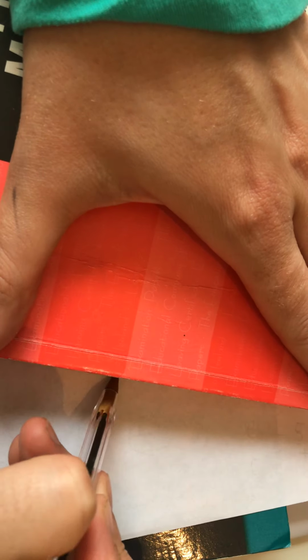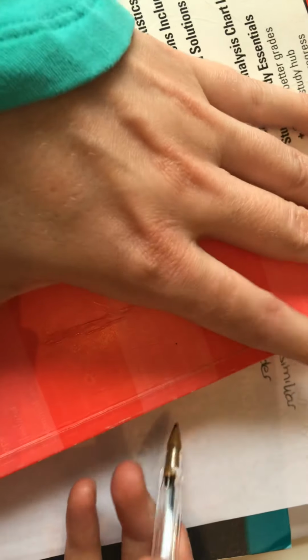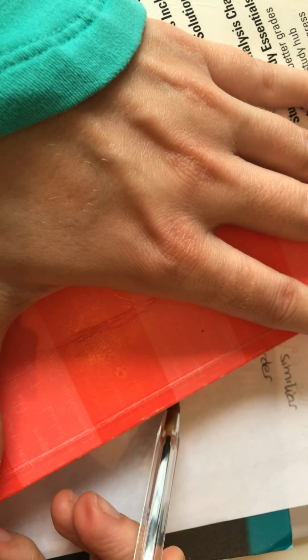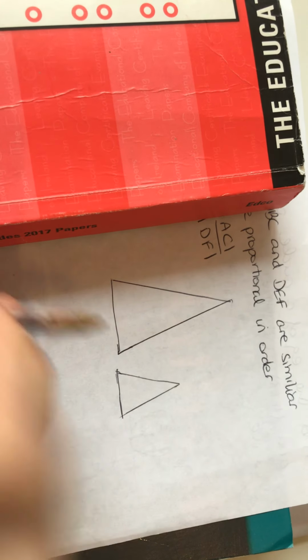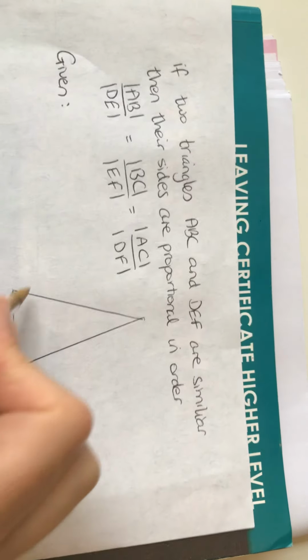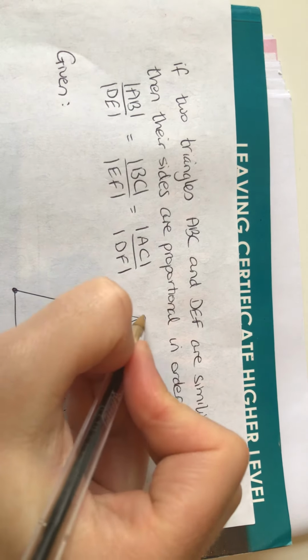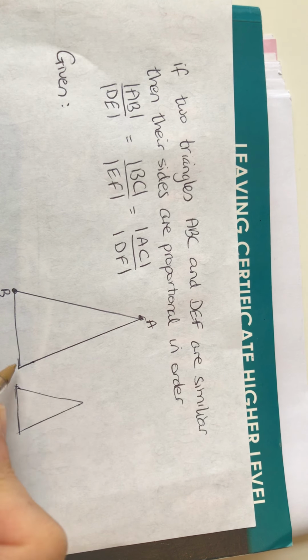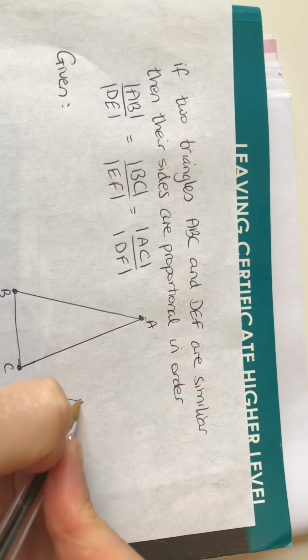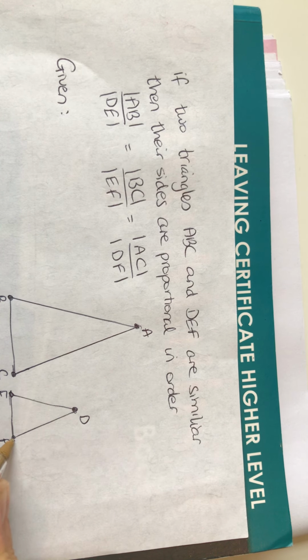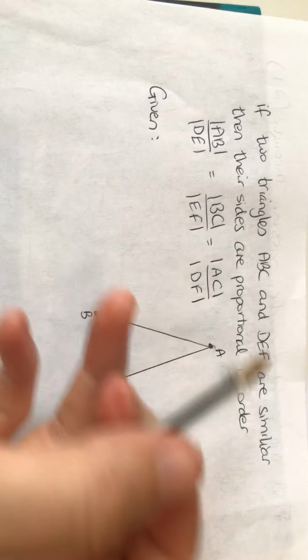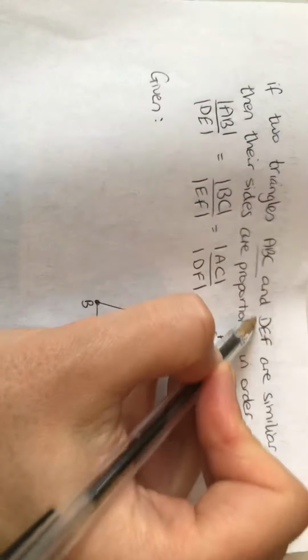I'm just drawing two similar triangles and labeling them. ABC, and DEF. So there we are, ABC, DEF.